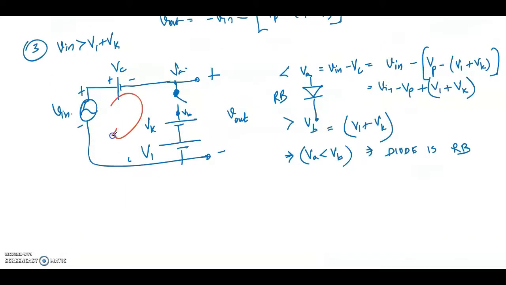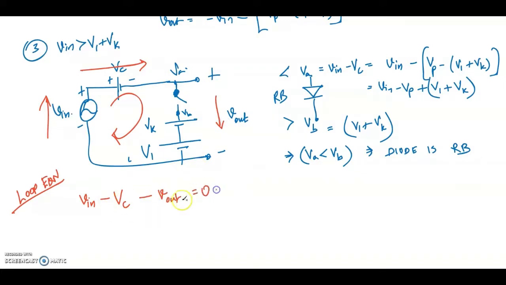Now let's write the loop equation in this direction. As you see, Vn minus plus is a rise in voltage. Let me write it as Vn itself. Fall in voltage Vc, and fall in voltage Vout, minus Vout equal to 0. I need an equation for Vout once again. Vout is equal to Vn minus Vc.